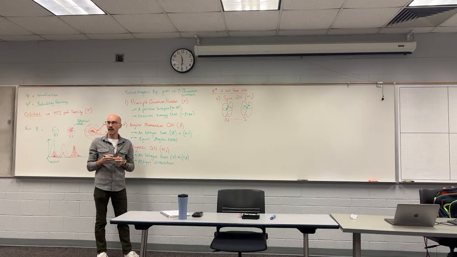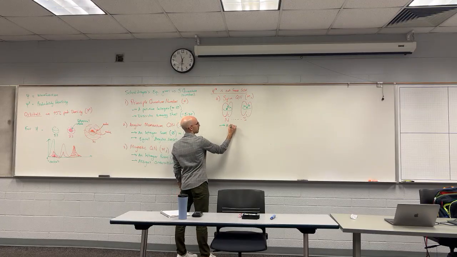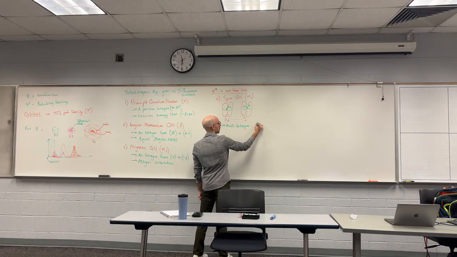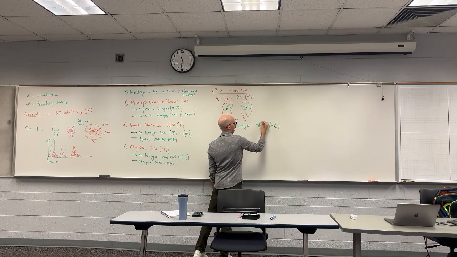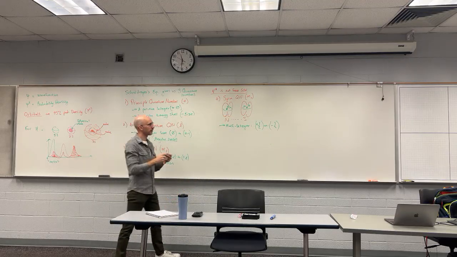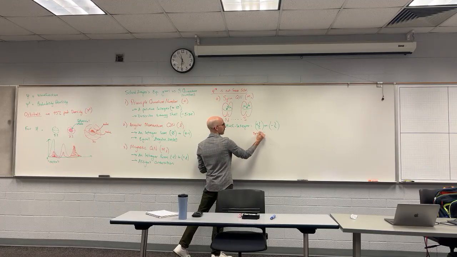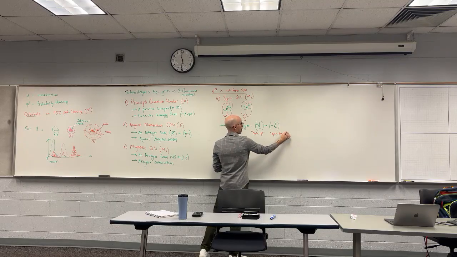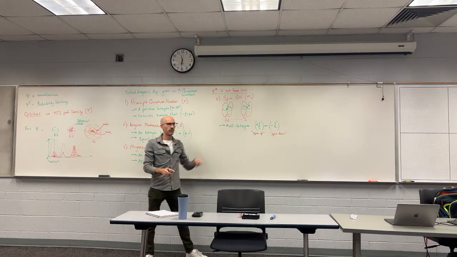So we describe m sub s as half integers, positive 1/2 or negative 1/2. That's it. Those are the only two options. And you can think of this as spin up and spin down, when the magnetic field points one way, when the magnetic field points a different way.